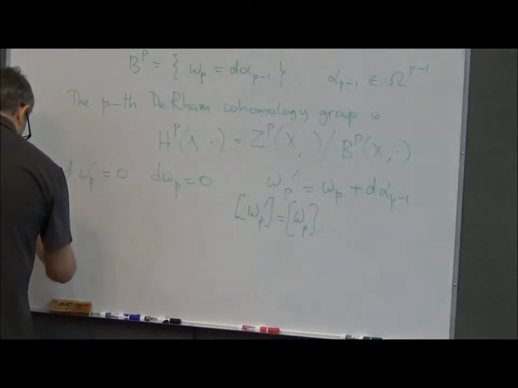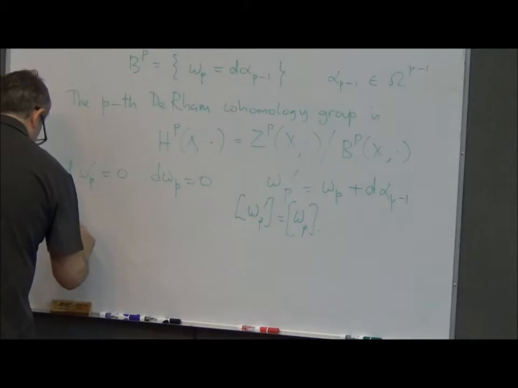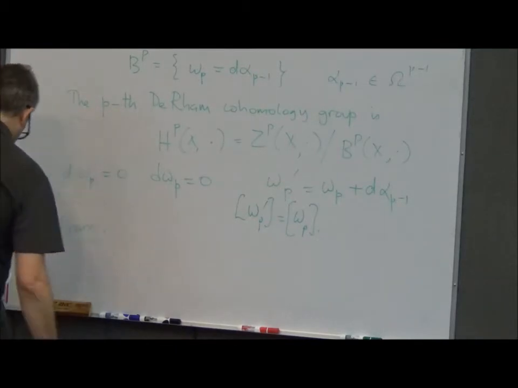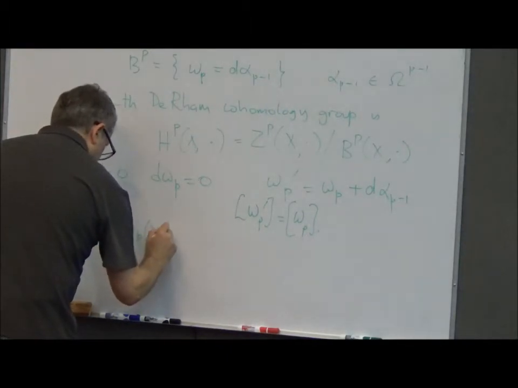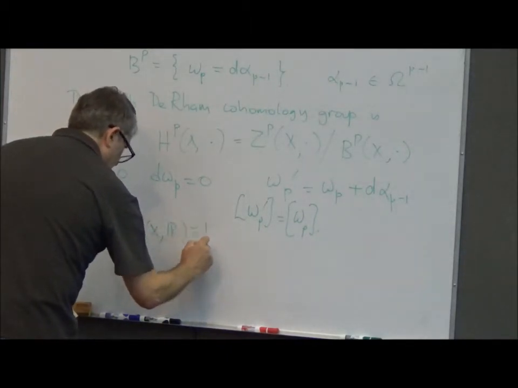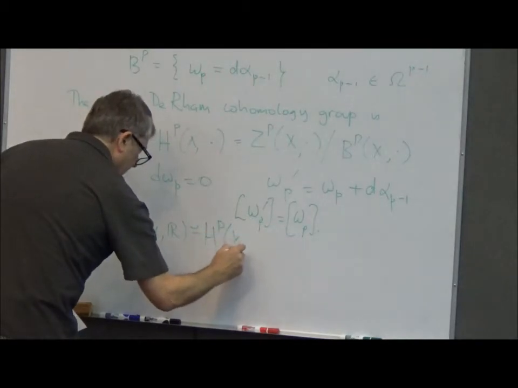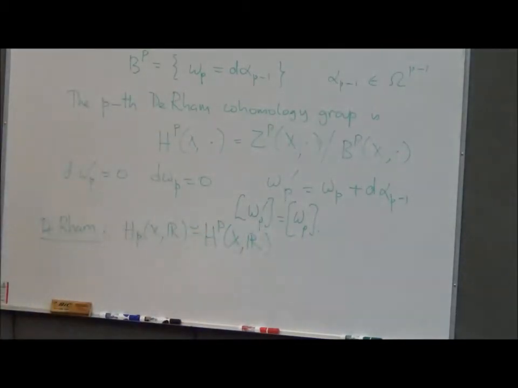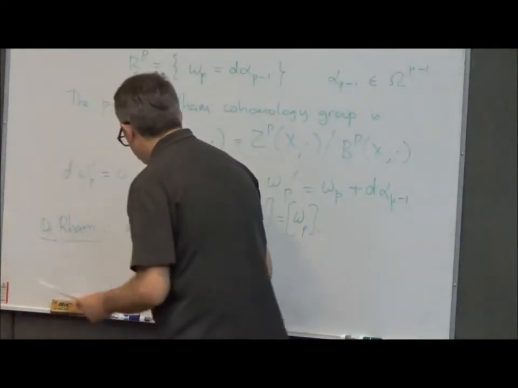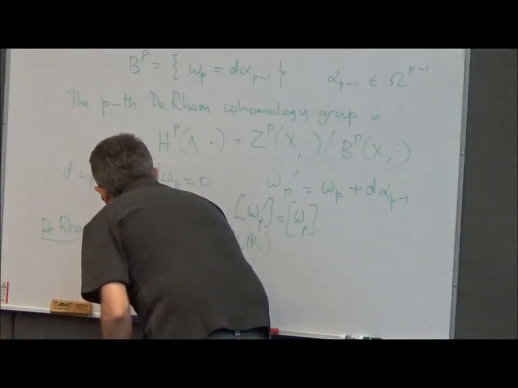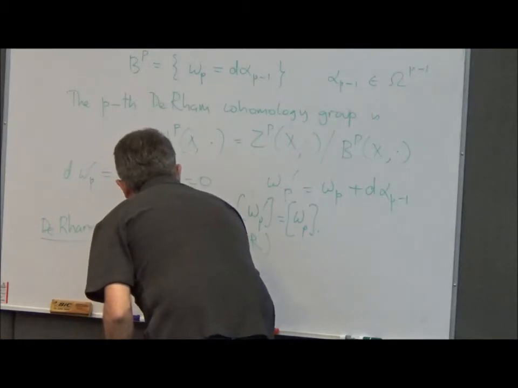So de Rham claims the following, that there is an isomorphism between the real H_p down and the real H^p up. In particular, this implies that you can calculate the Betti numbers any way you like.